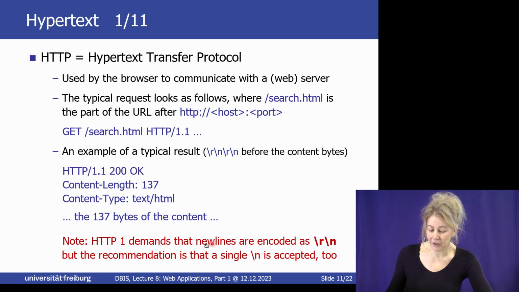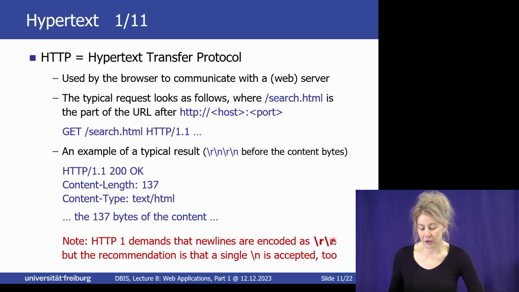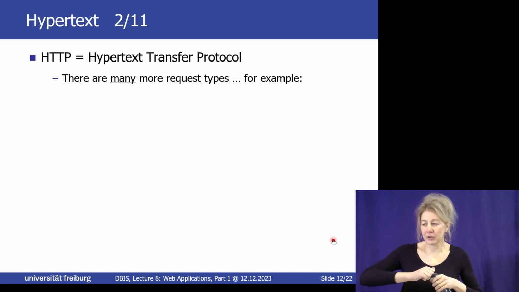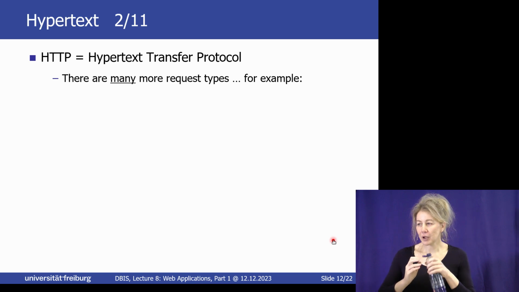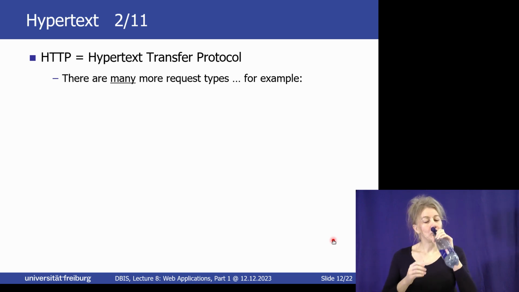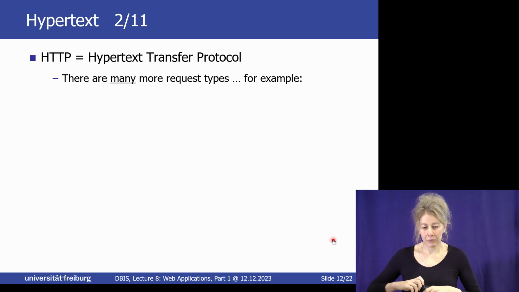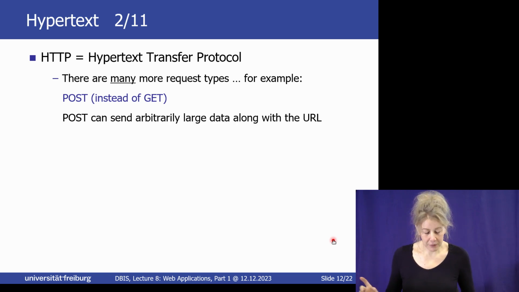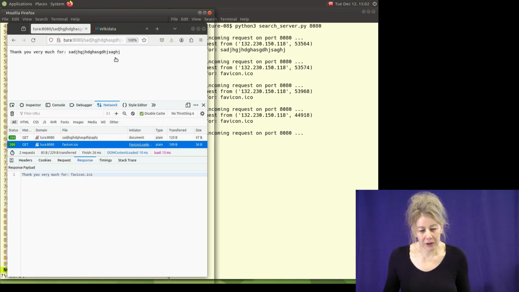I already said HTTP encodes new lines as carriage return and newline. We only do GET requests. There are many other request types, like POST requests. I think it's worth talking about that for one sentence.